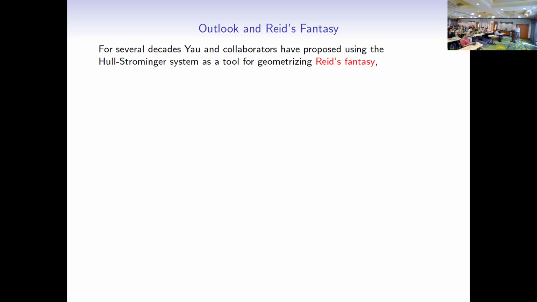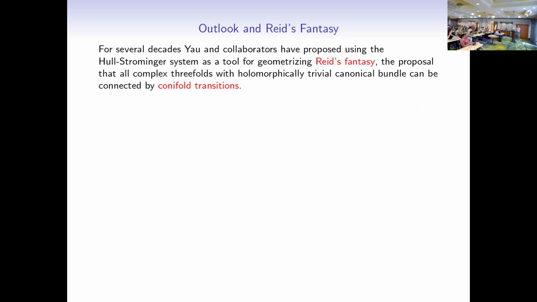Even Reid himself in the original paper suggests that you need some kind of equation around to try to geometrize the transition. And Yau proposed using this Hull-Strominger system for this.